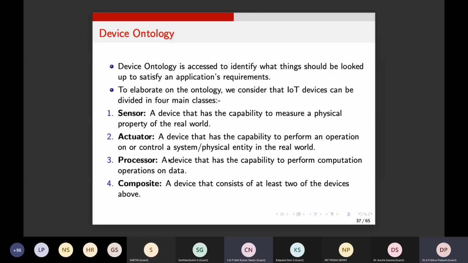Okay. So, to elaborate the ontology with respect to the social IoT, basically we consider the relationship between users and objects. If you look into the different types of relationship, the basic categories are two types: user to object, and object to object.